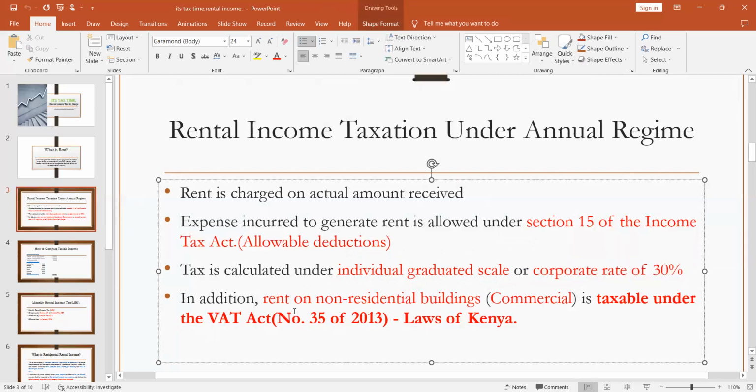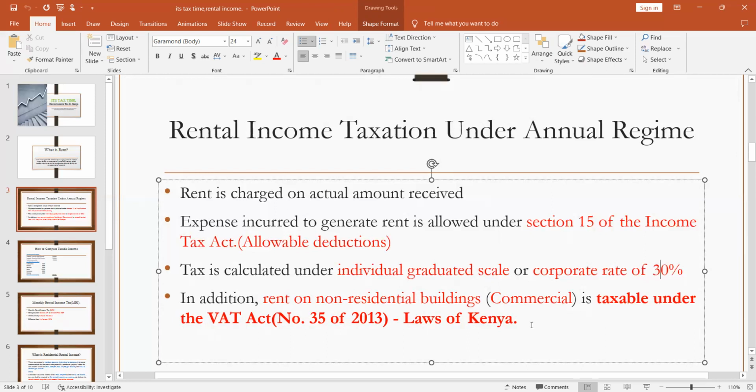In addition, rent on non-residential buildings, what we call commercial, is taxable under the VAT Act. And since we've talked about the VAT Act, you should understand that if one person collects more than 5 million in rent for that financial year, then the VAT Act also applies.